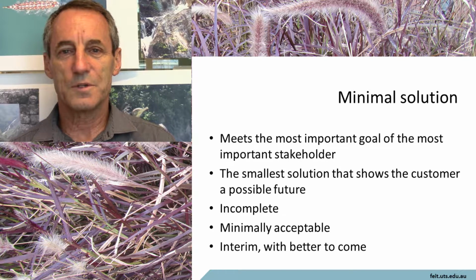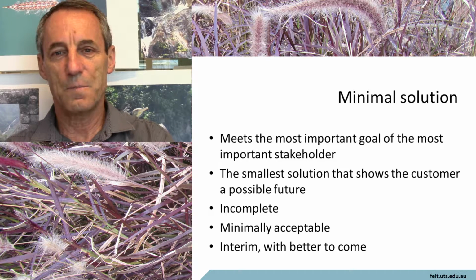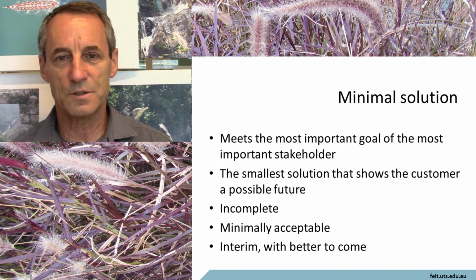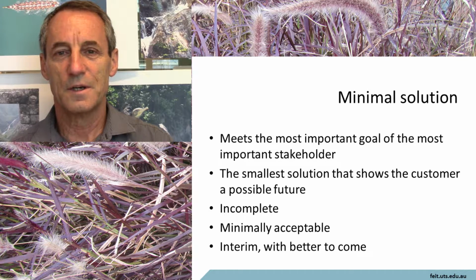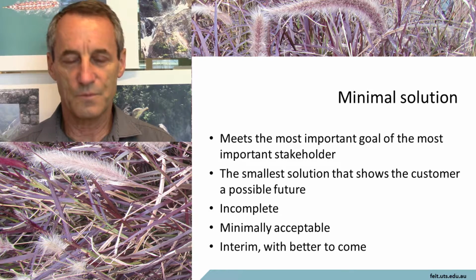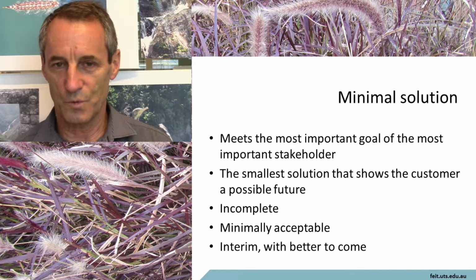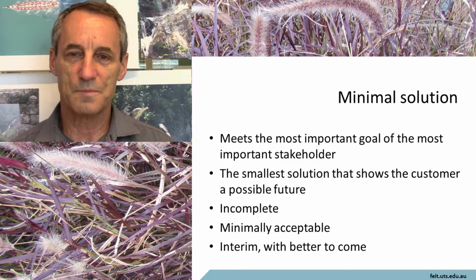We want to deliver something to them to check their understanding. Is this still the problem they imagined it to be? Has the problem changed? It also persuades them that we're making progress and tells them what our progress is. So we deliver minimal solutions or partial solutions, and it's better than none at all.